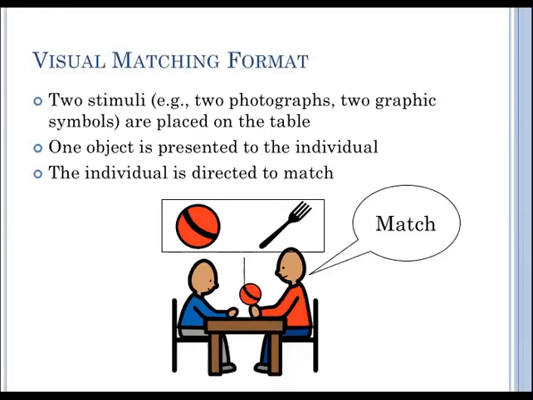In this case, you're going to have 2 stimuli on the table, so 2 photographs or 2 graphic symbols or 2 whatever, and you give an object to the person and you ask the person to match. At first, you're going to have them matching object to object, then object to non-identical object, object to photo, object to symbol, all the way through.